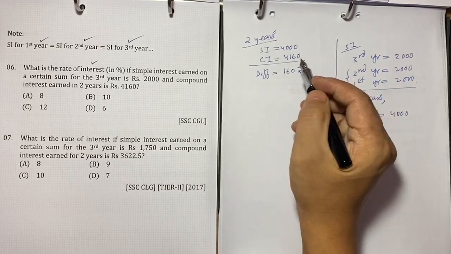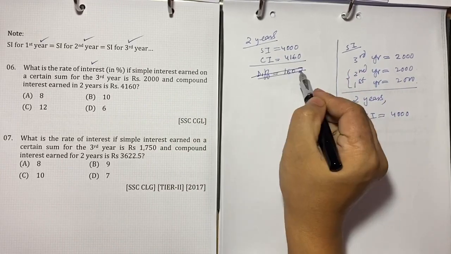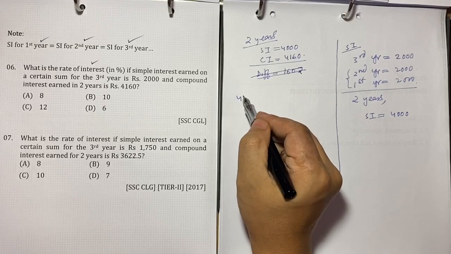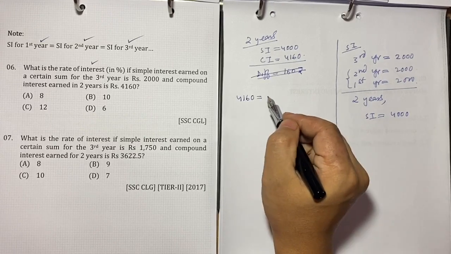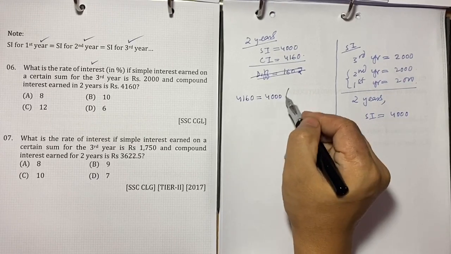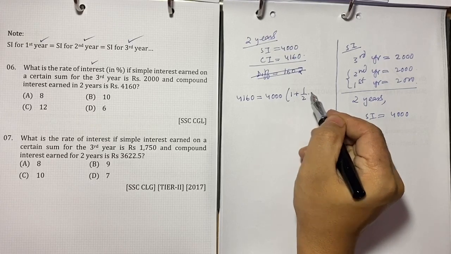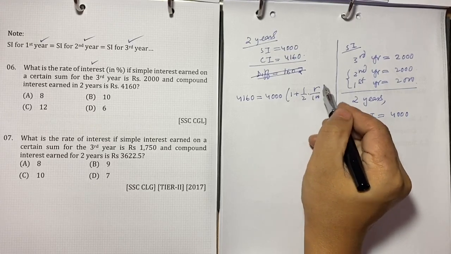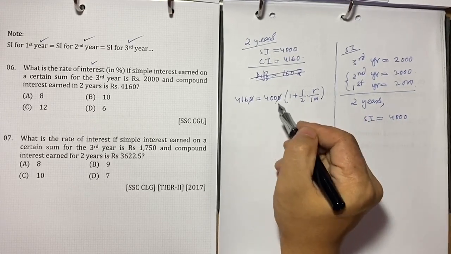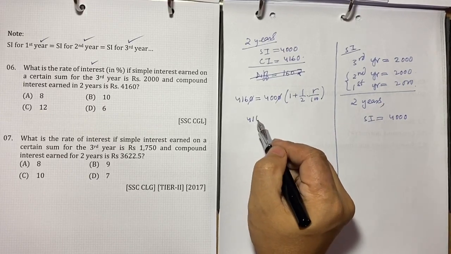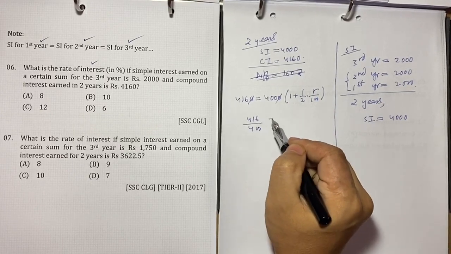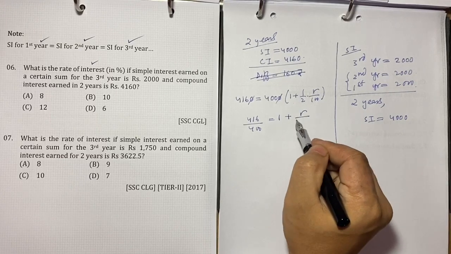In this case, directly, 4160 compound interest equals simple interest into 1 plus half into rate divided by 100. Solving, 4160 divided by 4000 equals 1 plus r divided by 200.